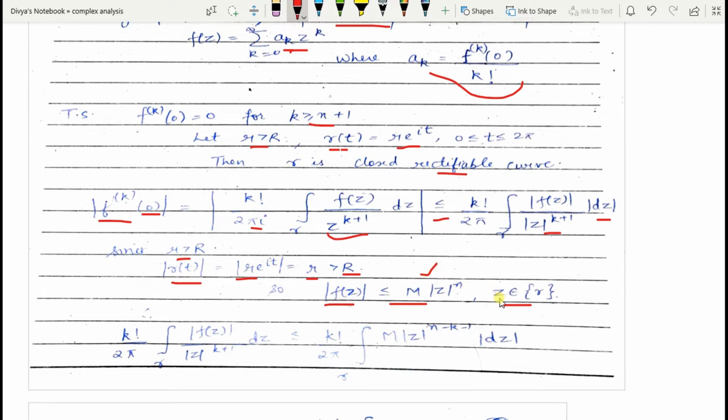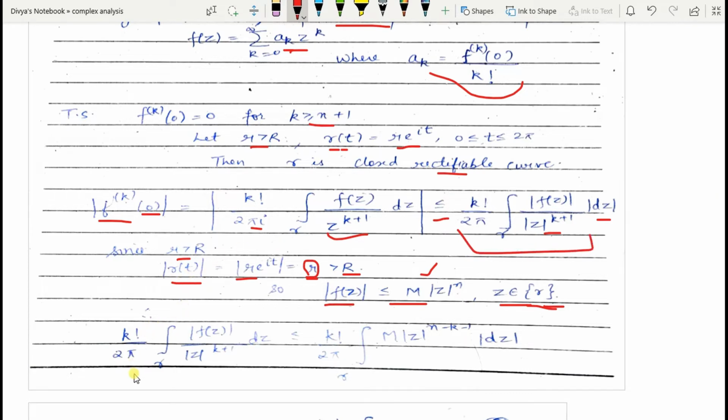We were given in the hypothesis that the inequality is satisfied for all z such that modulus of z is greater than R, and here modulus of z, which is r, is greater than R. So this inequality is satisfied where z belongs to the gamma curve.